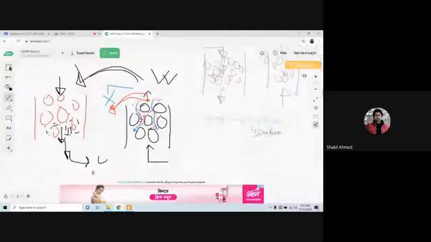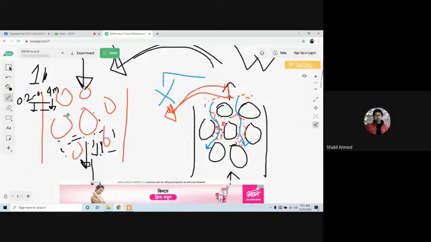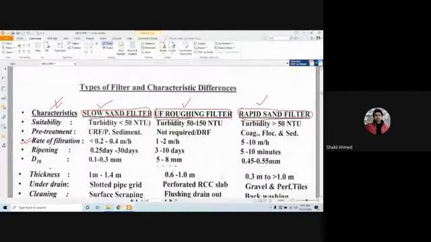What does that mean? That means in 1 hour, the water travels a distance of 0.2 to 0.4 meter. Is it clear, guys? Yes, sir. The velocity of water.